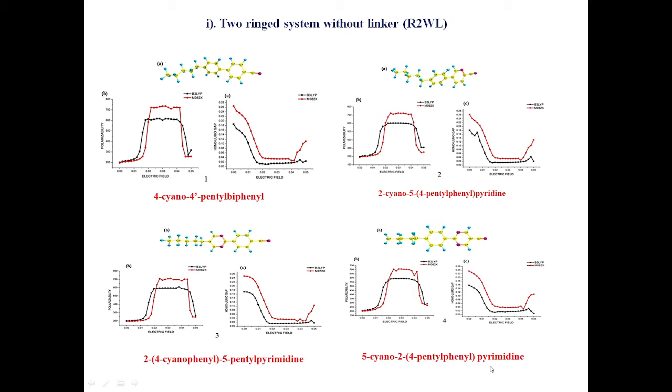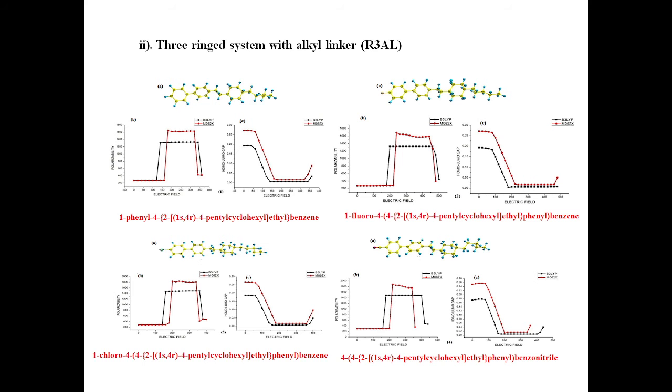In all the cases, we saw that polarizability increases to a certain level and then goes constant for a particular range of electric field. This clearly signifies that the optical property of this type of molecule will be good enough for this particular range of the electric field.